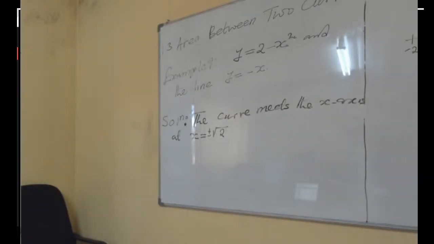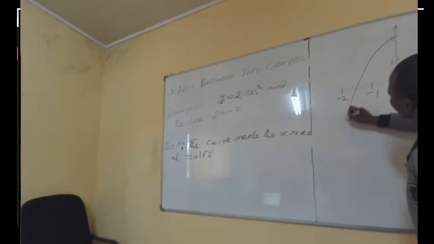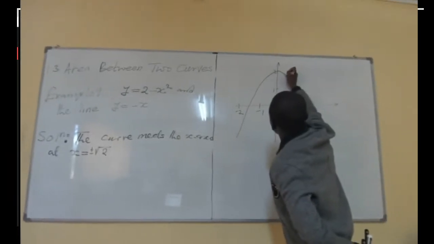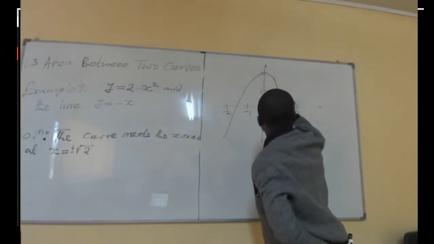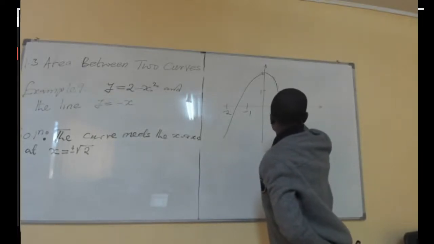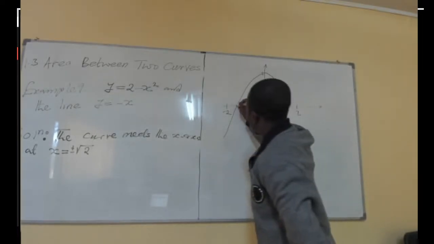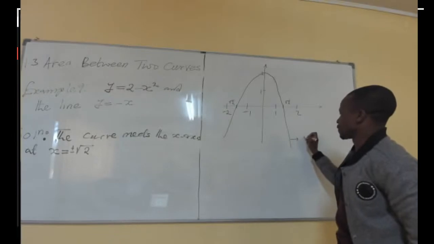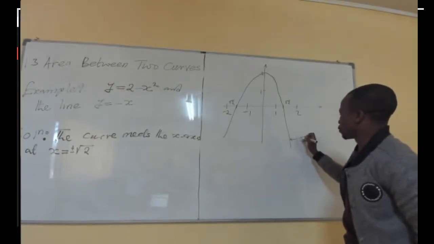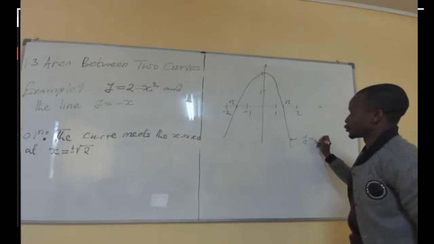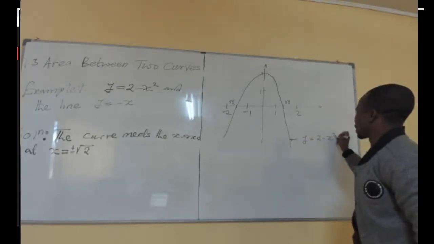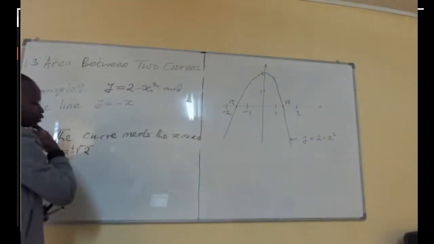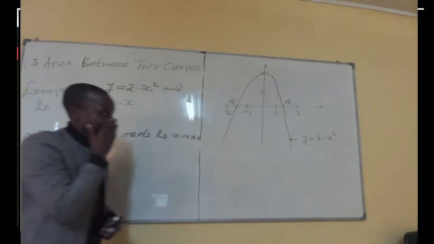So this curve will come like that and pass through the square root of 2, which is 1.4 something. Here we have the square root of 2, and here also the square root of 2. So this curve is the graph of y equal to 2 minus x squared. Moreover, the coefficient of x squared is -1, so we are going to have a maximum turning point.